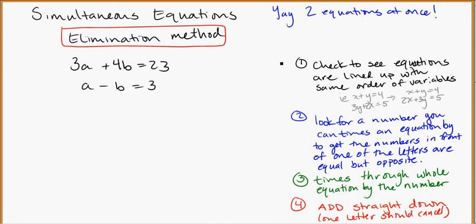So, step 1. We need to check to make sure that these equations are lined up with the same order of variables. And what I mean is checking to see that the a's are right underneath each other, 3a and a, and that the b's are right underneath each other, 4b and b.